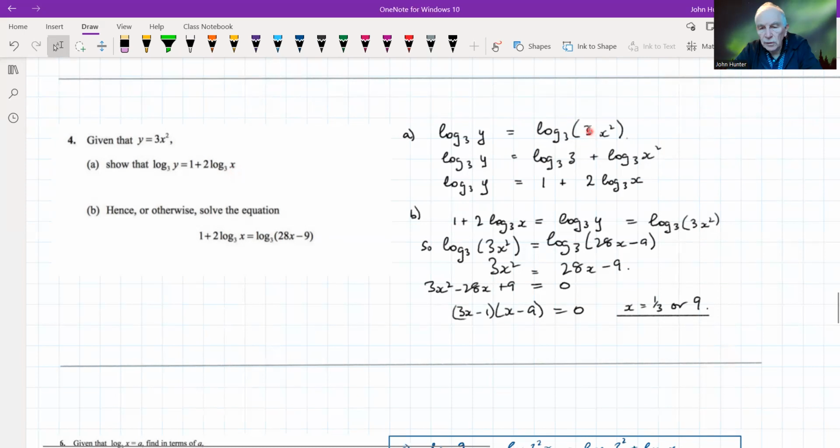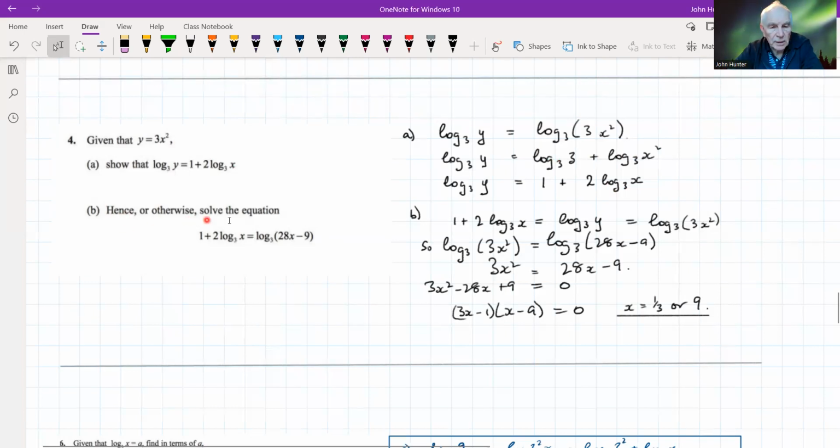What we've done here is these are two numbers multiplied, so the log of that product is the sum of the logs. So log base 3 of 3 plus log base 3 of x squared. And this, by the identity we spoke of before, is going to be 1. So that's fairly straightforward: log base 3 of y equals 1 plus 2 log base 3 of x.